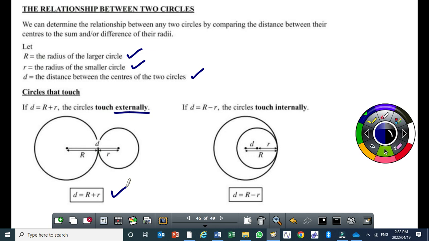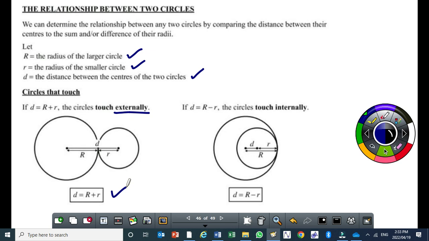Sometimes the circles can also touch internally, which means the smaller circle will be inside the bigger one. In such a case, the same thing: determine the radii of the two individual circles. Now, where do you get the radii? From the equations of the circles. Then you need to calculate the distance between their centers.